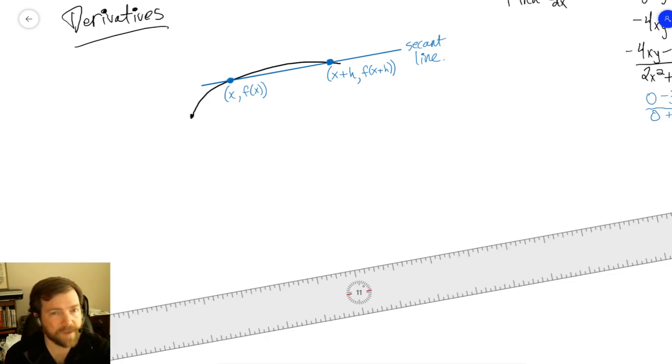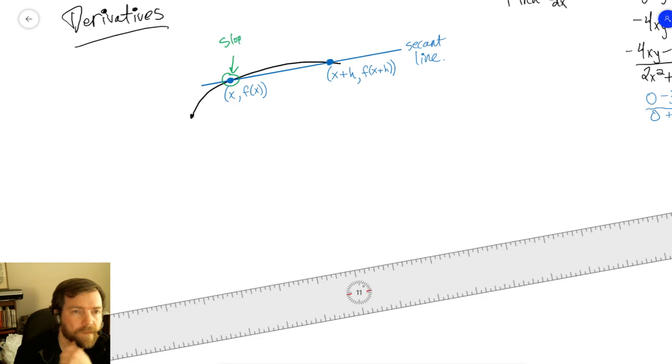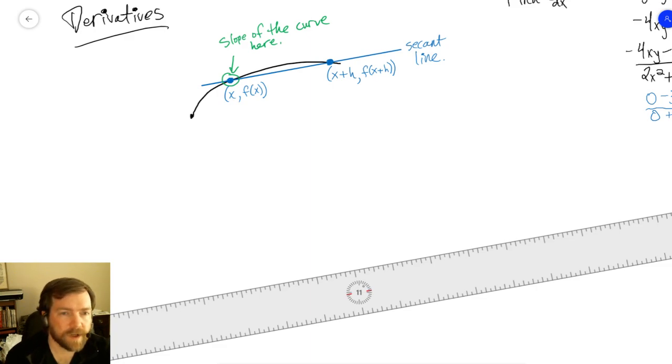Now, I do wish I had some animation software for this, but basically what's going to happen is we want to figure out what the slope of the curve is at this point here. So the slope of the curve here is going to be basically what is called a tangent line, or the slope of the tangent line.